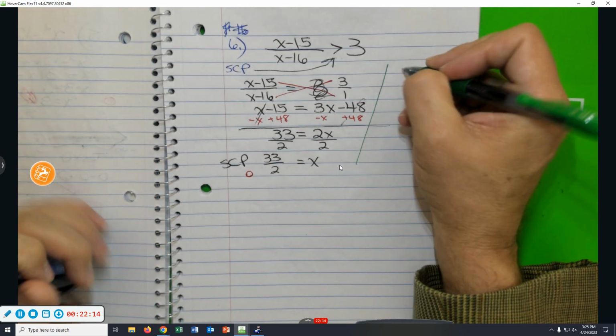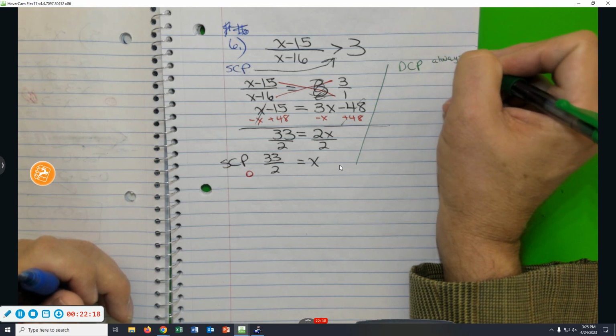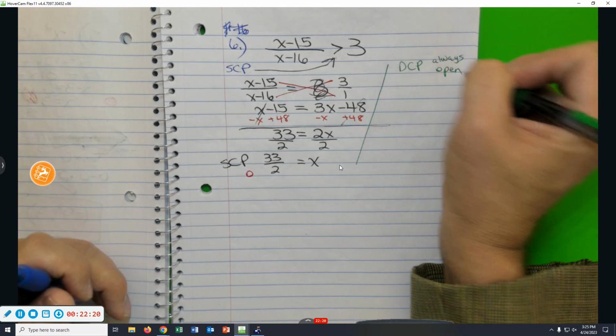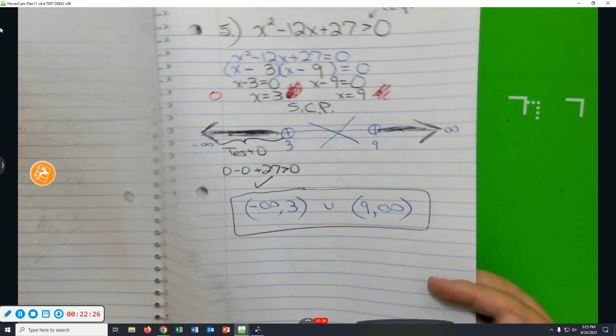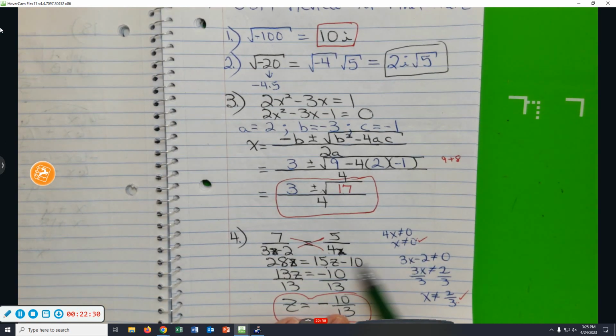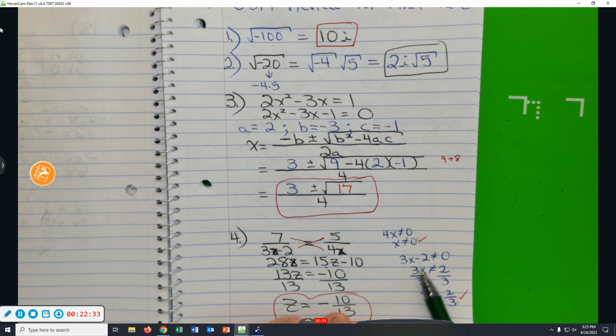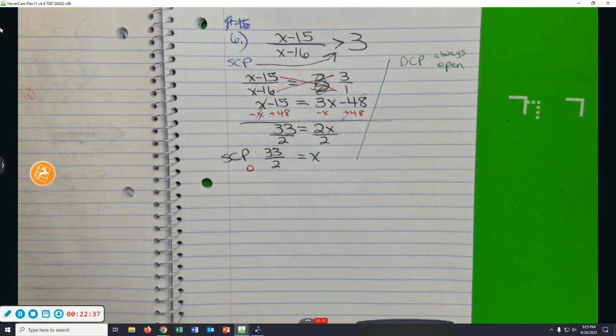Denominator cut points are always open. You can't have a 0 in the bottom, so we exclude it with an open circle, just like we were saying over here, you can't have a denominator of 0. The same logic applies when finding denominator cut points.